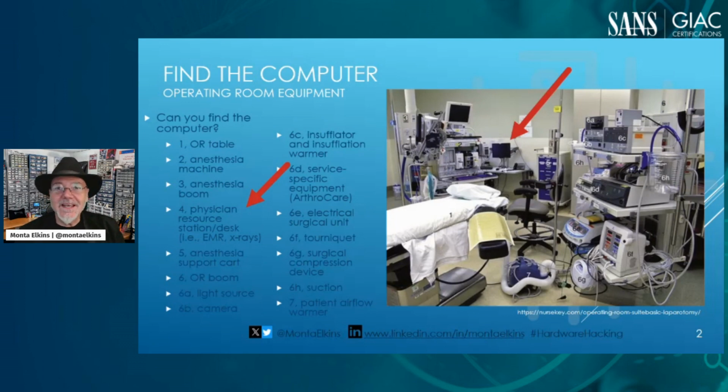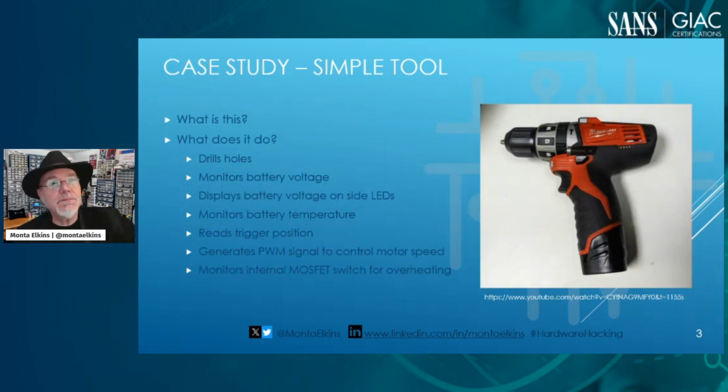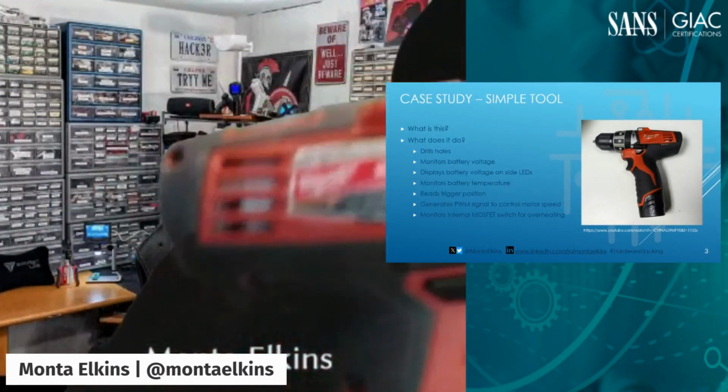In the meantime, I want to take us on a little bit of a side quest. I want to look at a very simple tool here. Can somebody tell me what this thing is? It's pretty obvious. Let's make this a little bigger, a little easier to see.